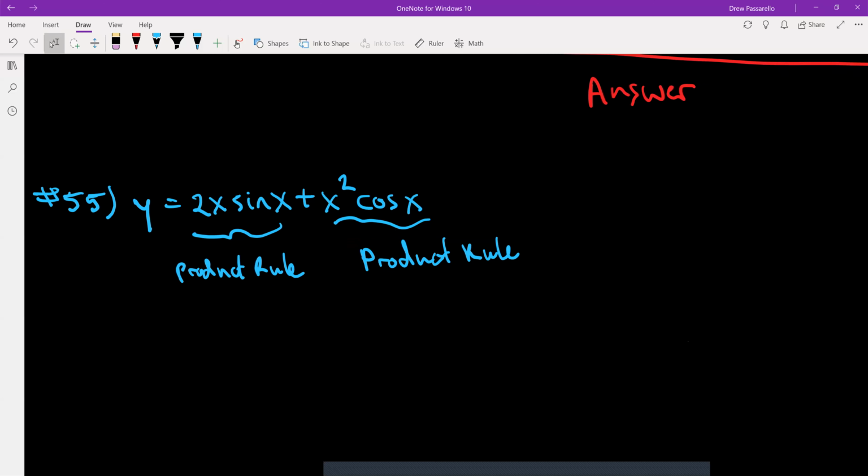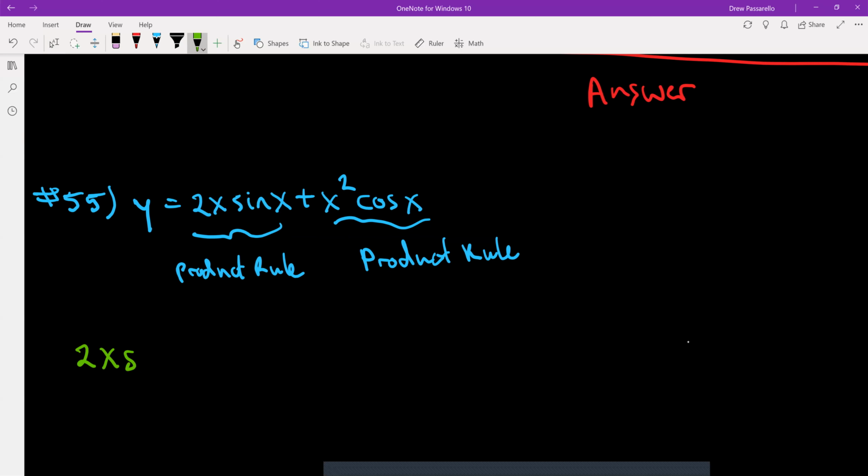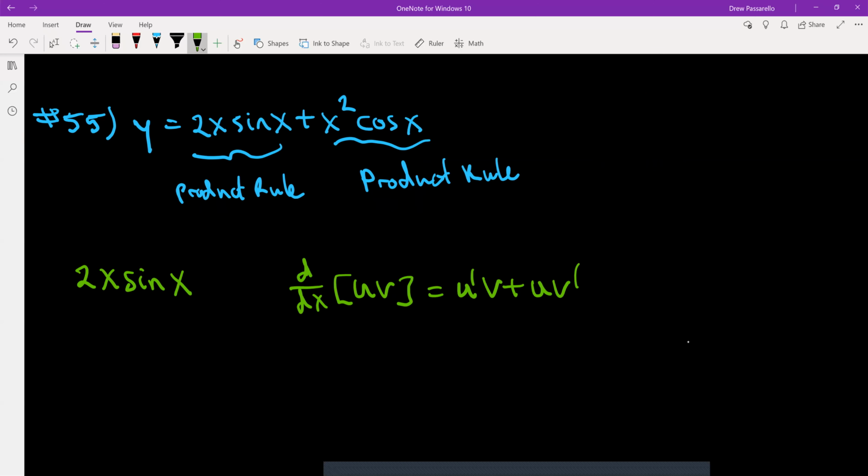Okay, so I'm going to focus on each piece, and the first piece is 2x sine x. And so if I wanted to find the derivative of that with the product rule, I'm just going to use green for the first term, 2x sine x, and use what its result is when I take its derivative in green.